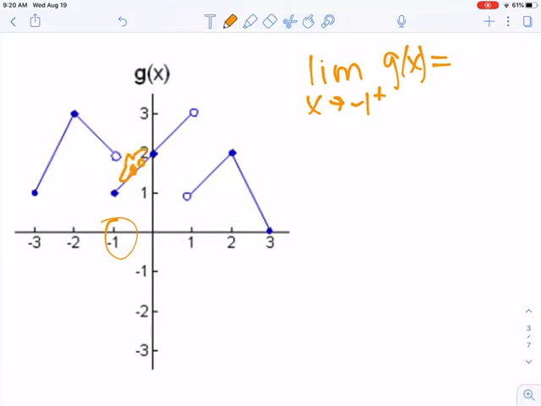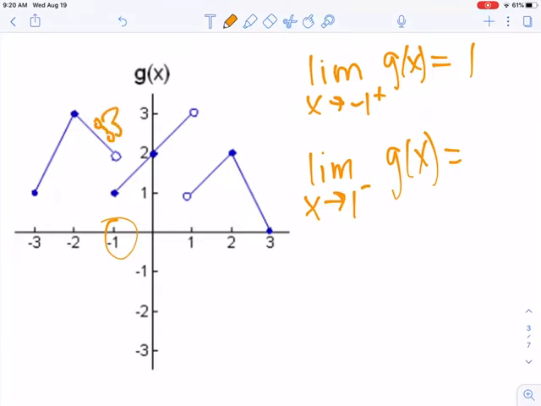If we are coming from the right side of -1 and we drive our car, there's my car. So as we come from the right side of -1, it looks like we're approaching that coordinate right there, which has a y value of 1.